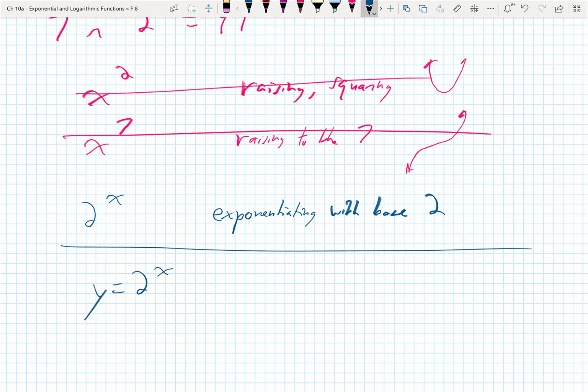Y equals 2 to the x is what we call an exponential function. If you spent some time on that 10.0 thing, you would have seen that on the first page: lots of examples of exponential functions. An exponential function happens when your exponent is the variable. And this is the first sort of semi-new operation, but it's not the major point of today.